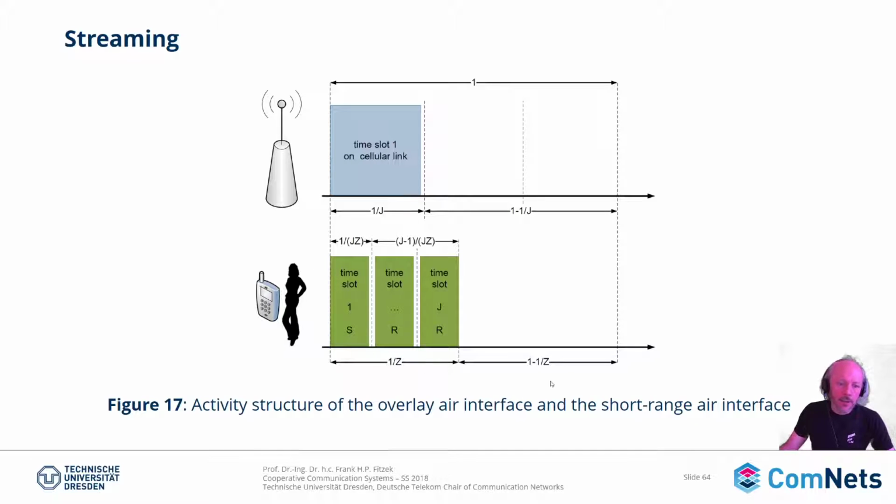And on the short range, I have now 1 over z activity, with 1 divided by jz for sending, j minus 1 divided by jz for receiving, and then the rest, 1 minus 1 divided by z, as idle time. And this will have a negative impact compared to the cases before, because we have way more idle time here.